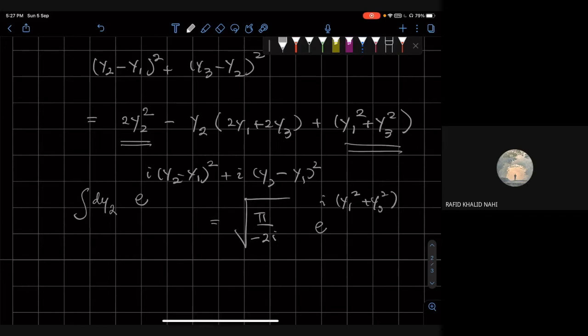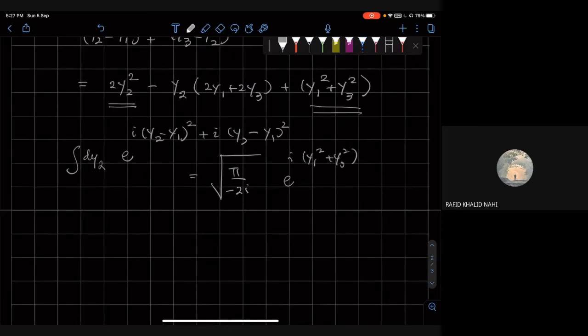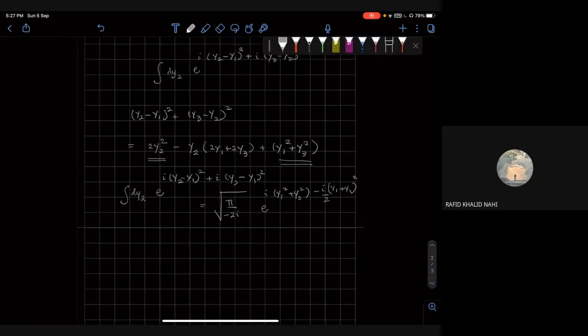But doing the Gaussian integral will generate another term, because we did a completion of the square, and that will be the term which has minus i, y1 plus y3 whole squared divided by 2.